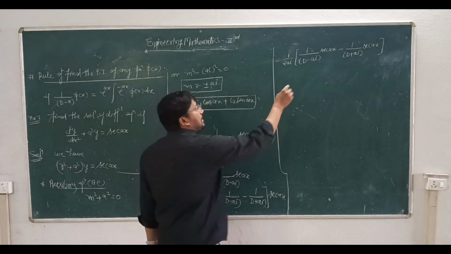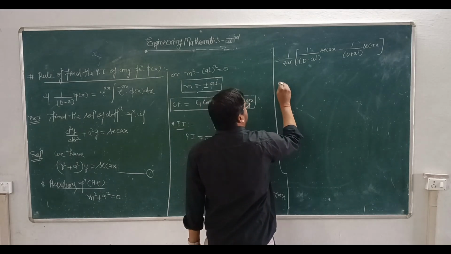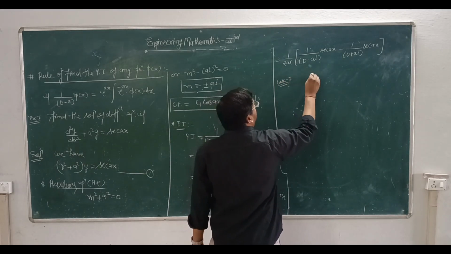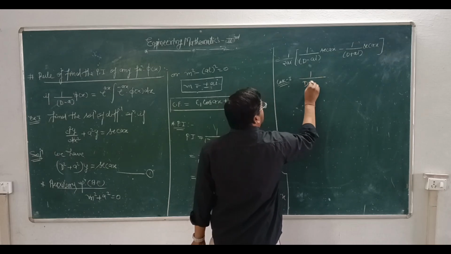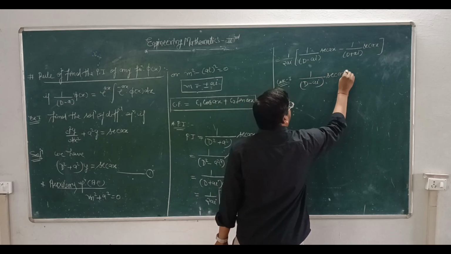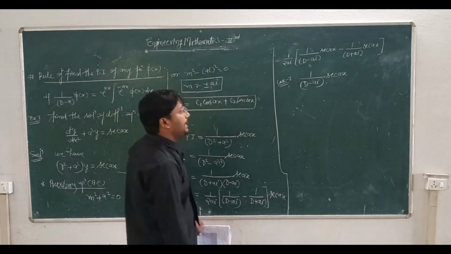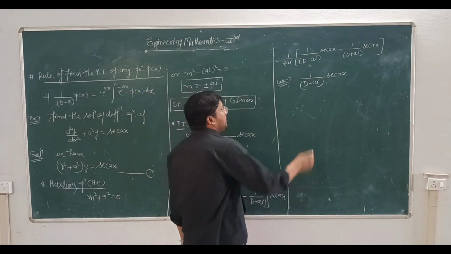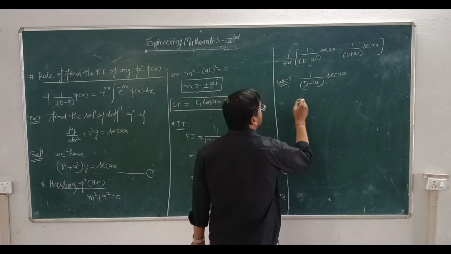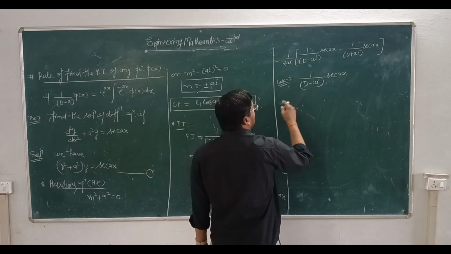First of all, I am solving this function. Case number first, I am solving 1 upon D minus ai sec ax. Now you can continue this step.